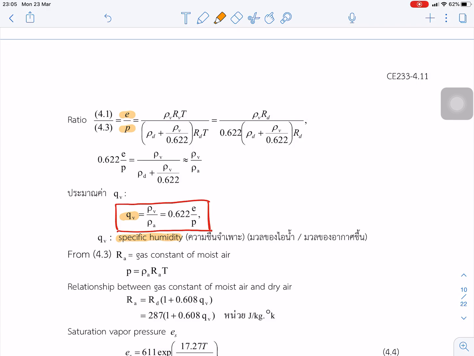If the volume is cancelled, we can say that it is the mass of vapor divided by the mass of moist air.